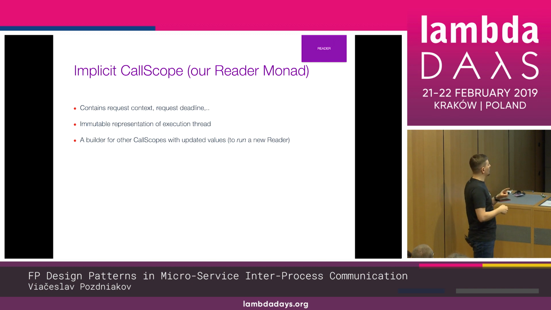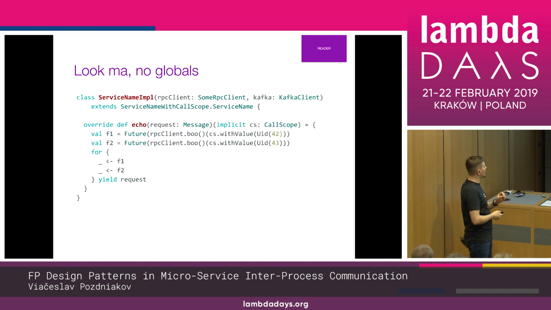So I believe this is some kind of a new take on the reader monad. The example, which supports all the asynchronicity and stuff like that, looks like this. If you have an RPC client and you want to impersonate another person, then you just say call scope with value, you change the username, and you can run these clients asynchronously without any problems.